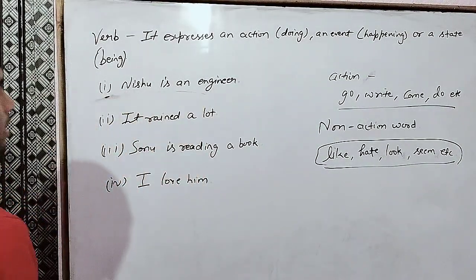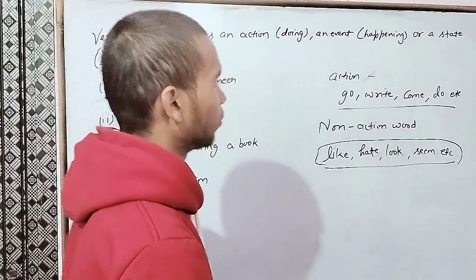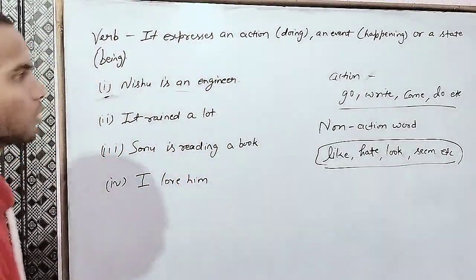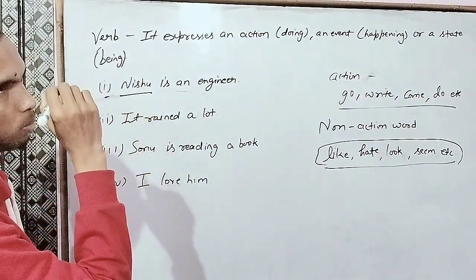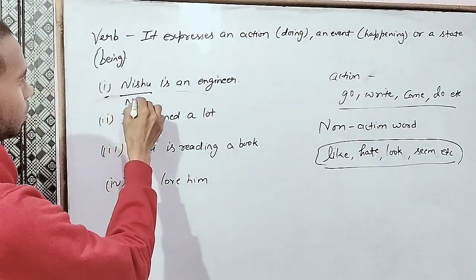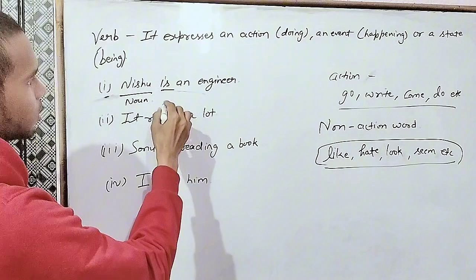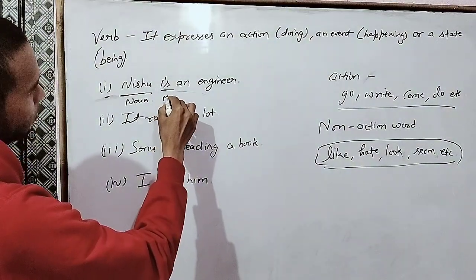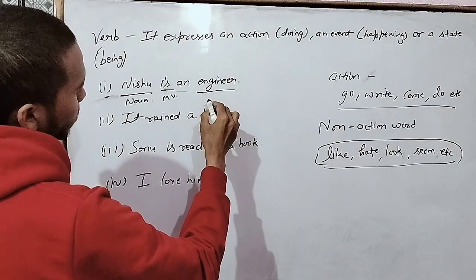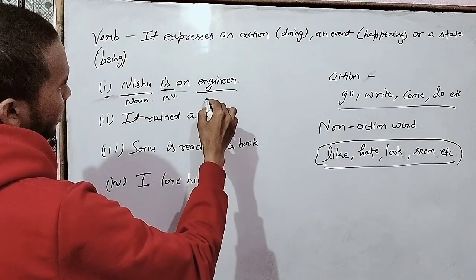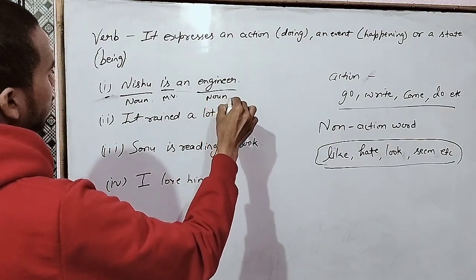There are some sentences for more clarification. What is a verb? Next, according to parts of speech, it is a noun. This is the main verb, and an engineer is a noun.